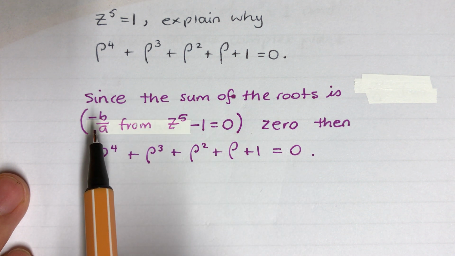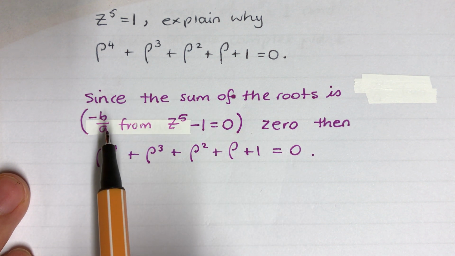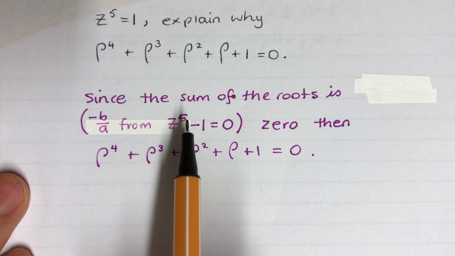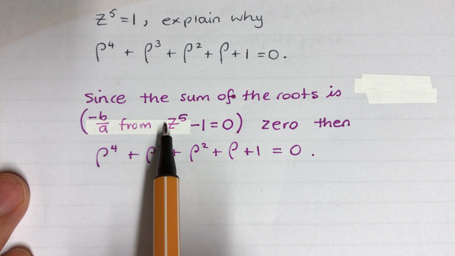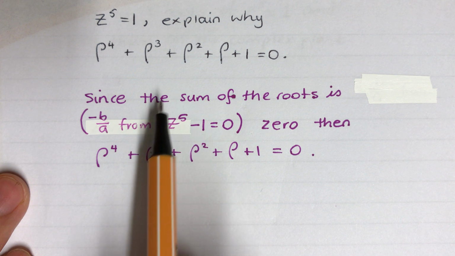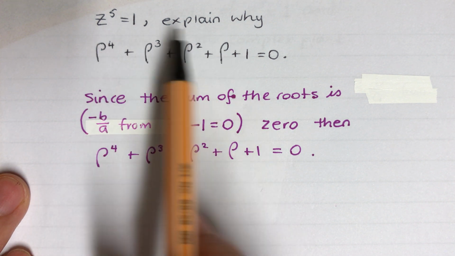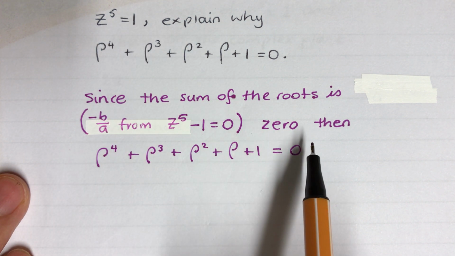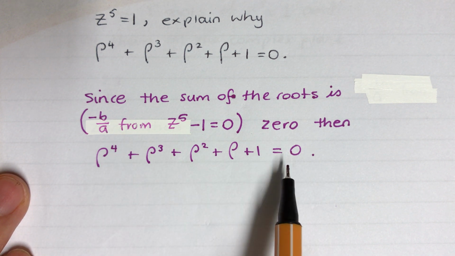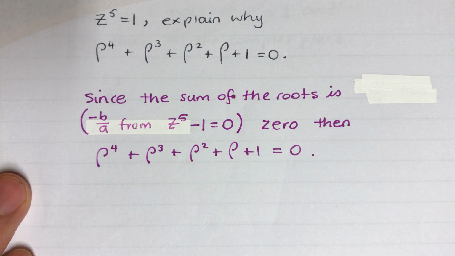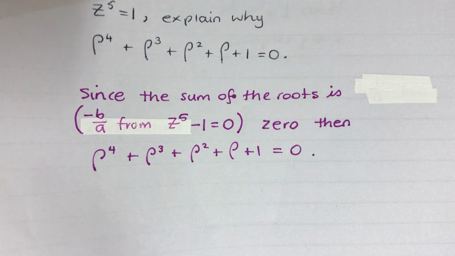Now the sum of the roots is minus b over a. We know that b is going to be 0, a is 1. So the sum of the roots will be 0. So therefore the sum equals 0. Okay, that was a simple one.